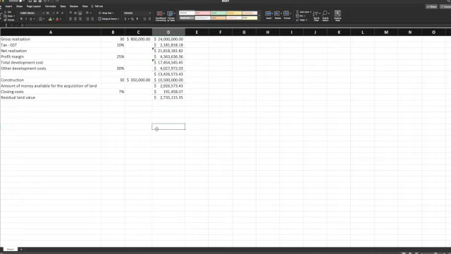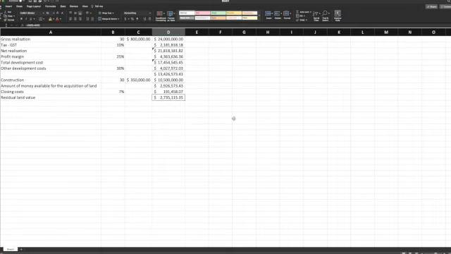So in this particular circumstance, if I was looking at a site and I'd worked out that you could achieve approximately 30 units on the site and that they were going to sell for approximately $800,000 each, then I could look to spend up to $2.735 million on the acquisition of land.